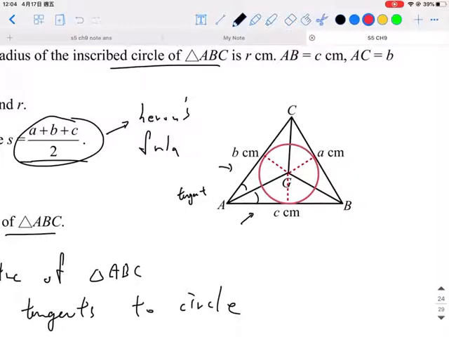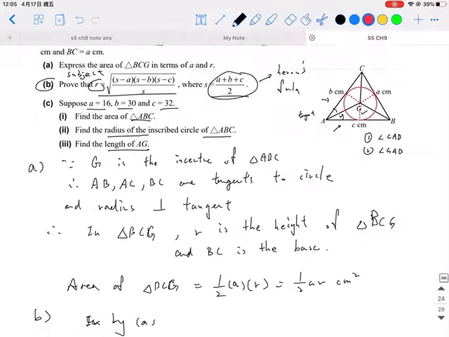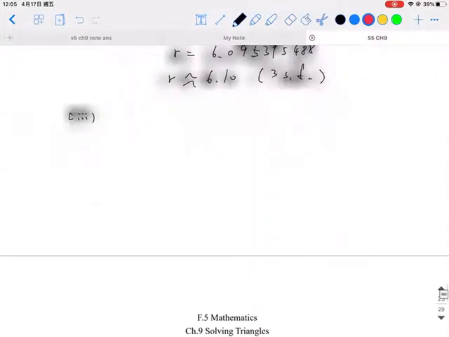And therefore, I will find angle CBA first. Once I finish that, I need to find angle CAB. And then for the second part, I can find GAB. Once I get these angles, I can find AG easily because I know the radius, right? So we start to present it now.